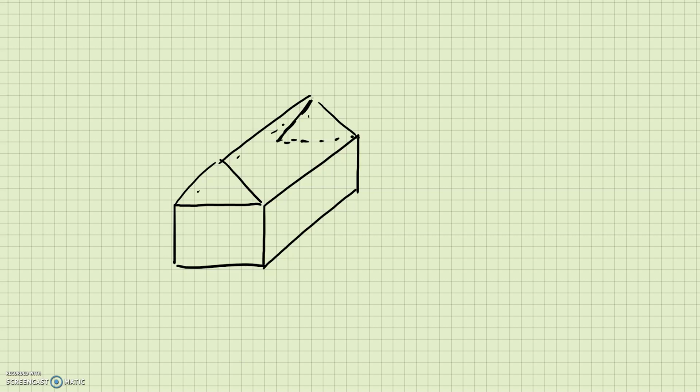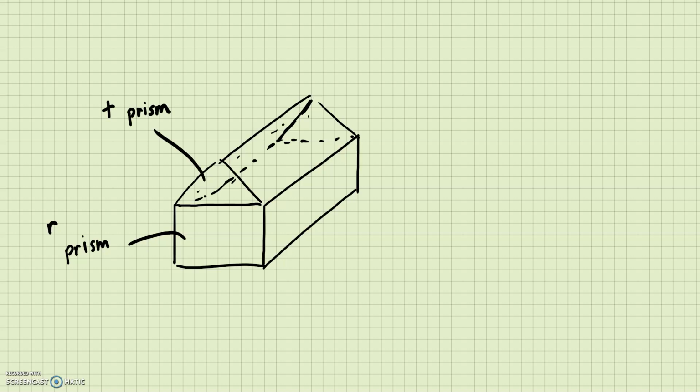These should be dotted. And you see two different shapes here. You see a rectangular prism, and you see a triangular prism.